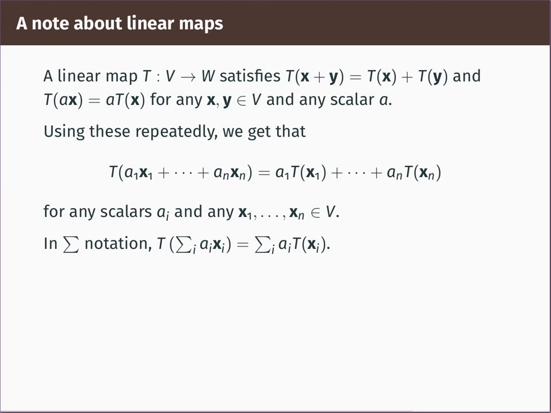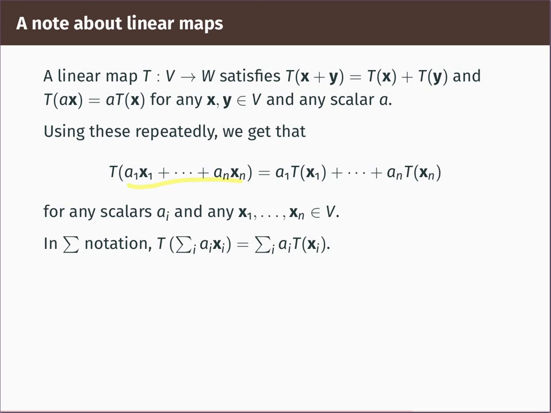But you can use these parts of the definition multiple times. So if you have a linear combination like this one, you can use the linearity definition a lot of times to get that if T is a linear map, then T of this linear combination is a1 times T of x1 plus a2 times T of x2, and so on up to an times T of xn.